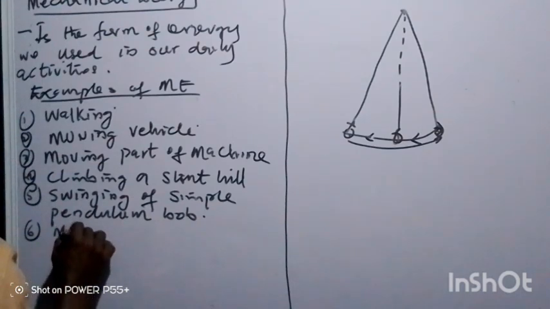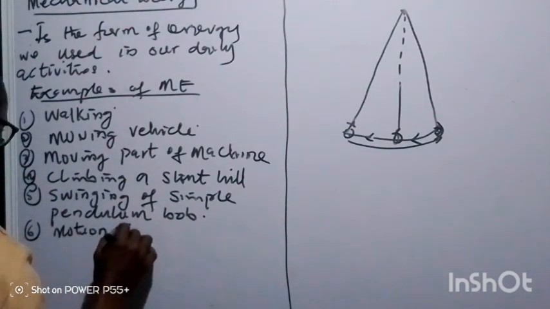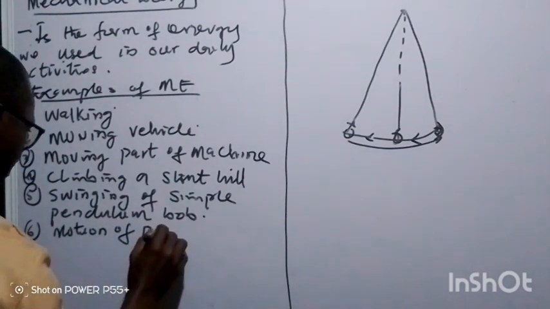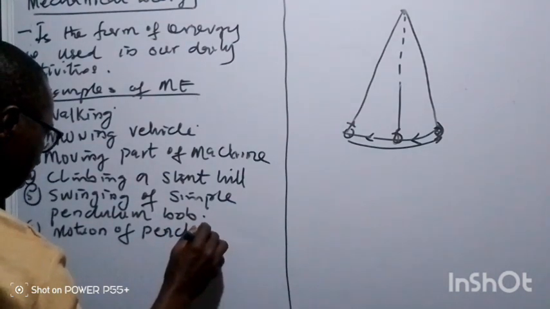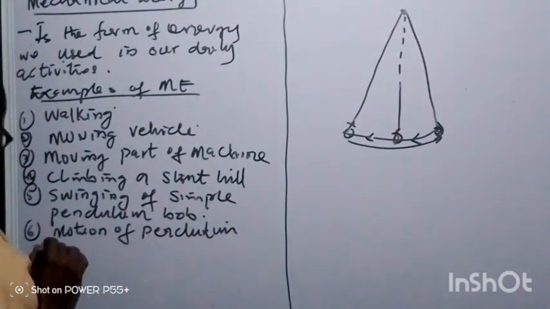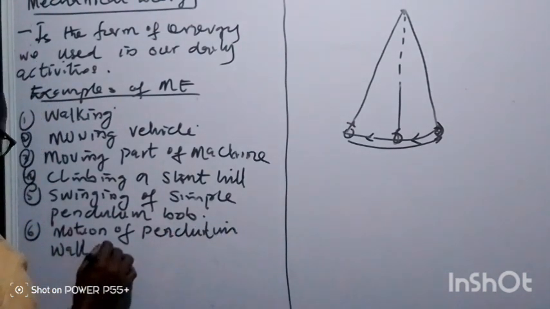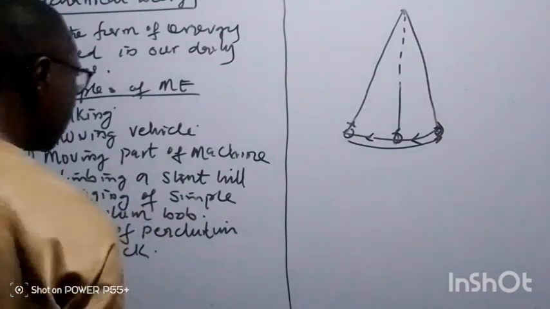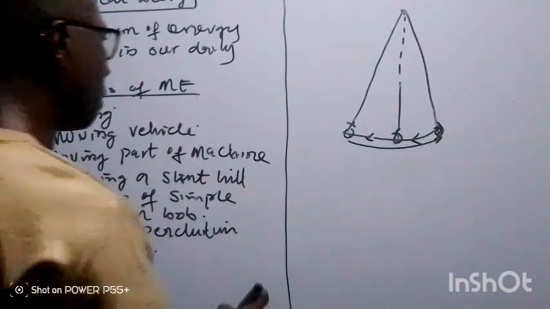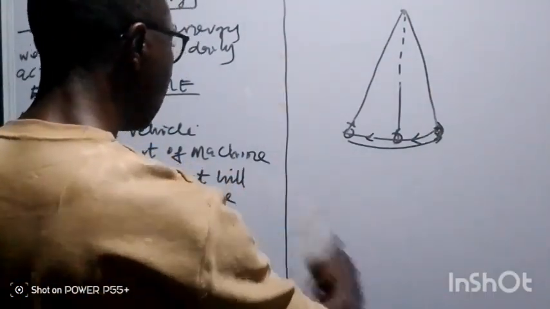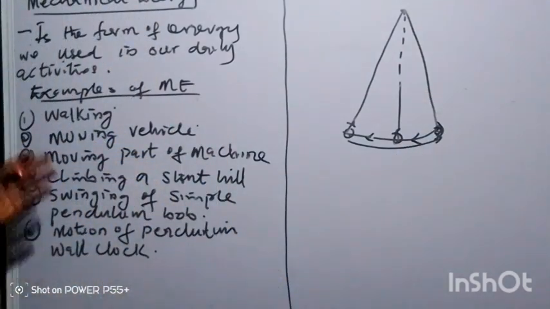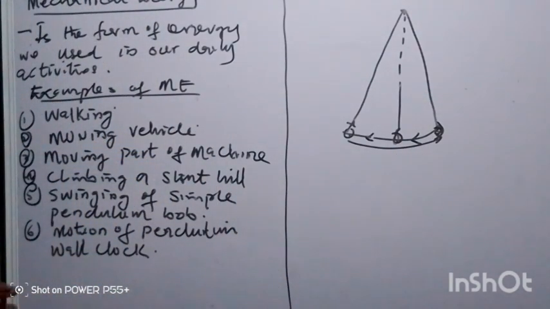Motion of a pendulum wall clock. At the same time, the pendulum wall clock will move in the same direction, to and fro. All these ones are typical examples of mechanical energy.